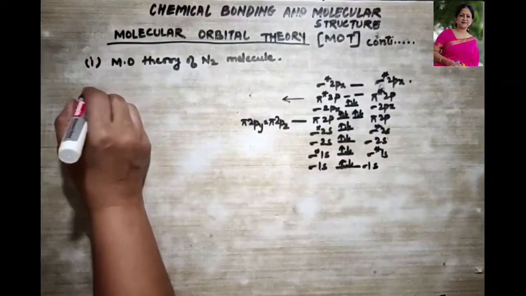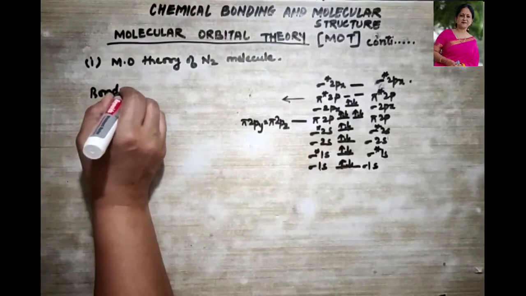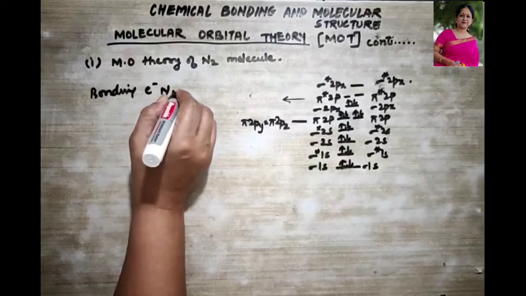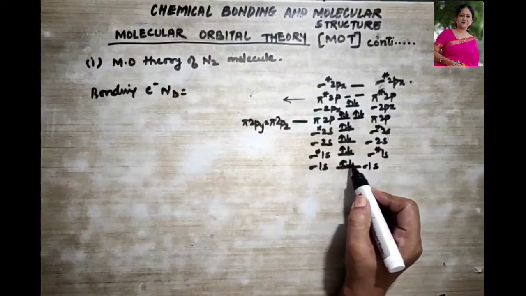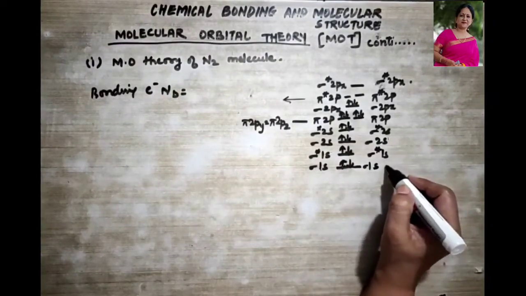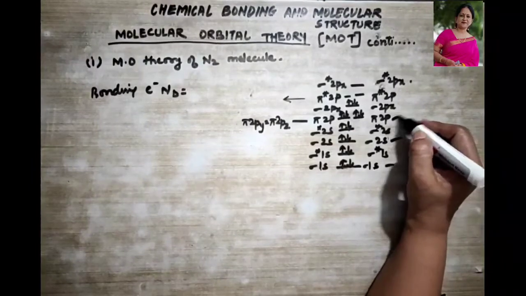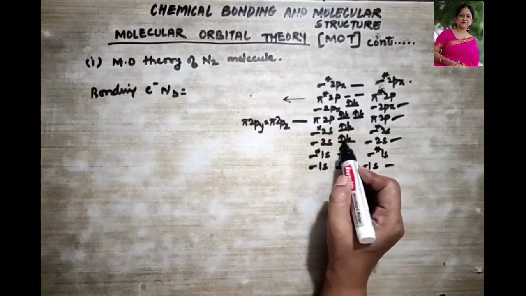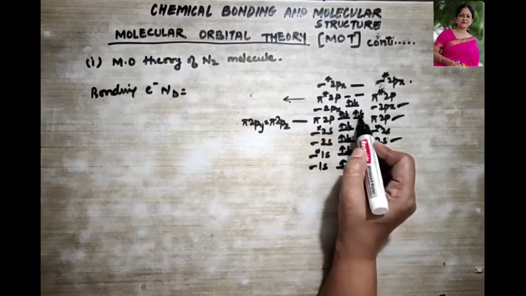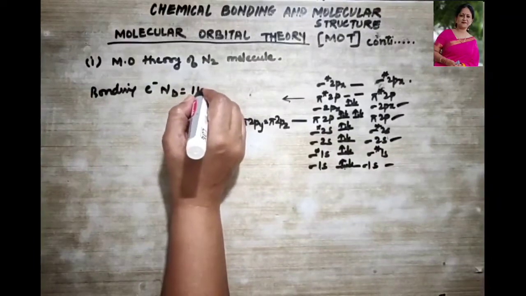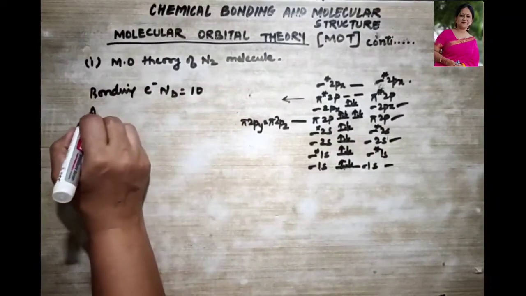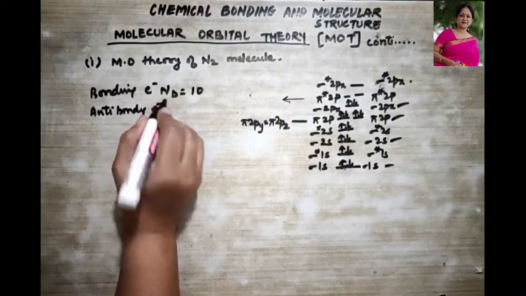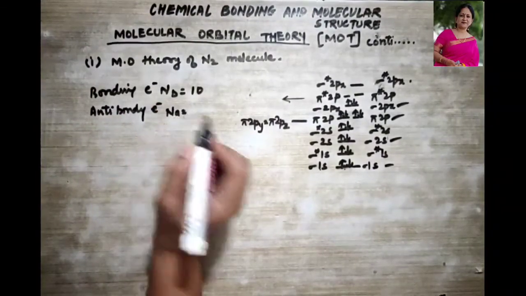Now, let us look over here. The bonding electrons, that is Nb. Bonding electrons are how many? Bonding ones are this one, this one, this one. Okay, so 2, 4, 5, 6, 7, 8, 9, 10. 10 electrons. Now let's check the antibonding electrons, that is Na.